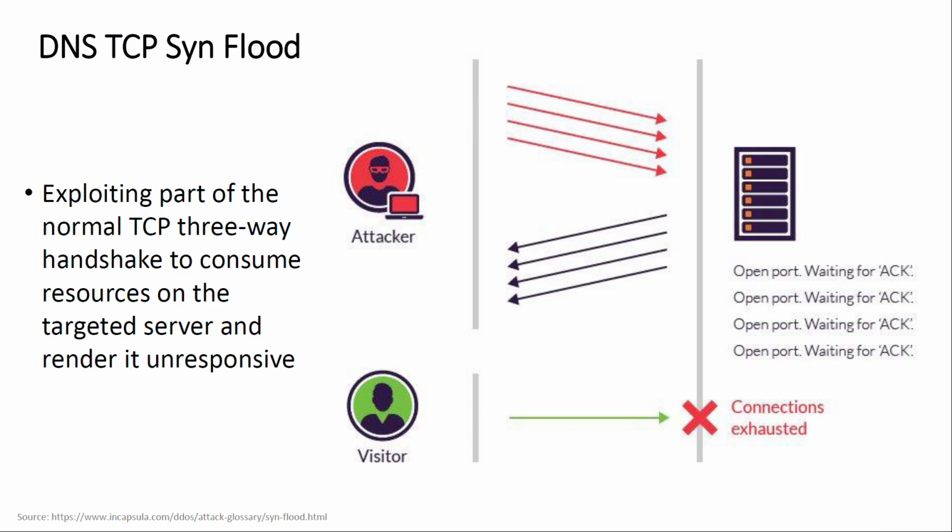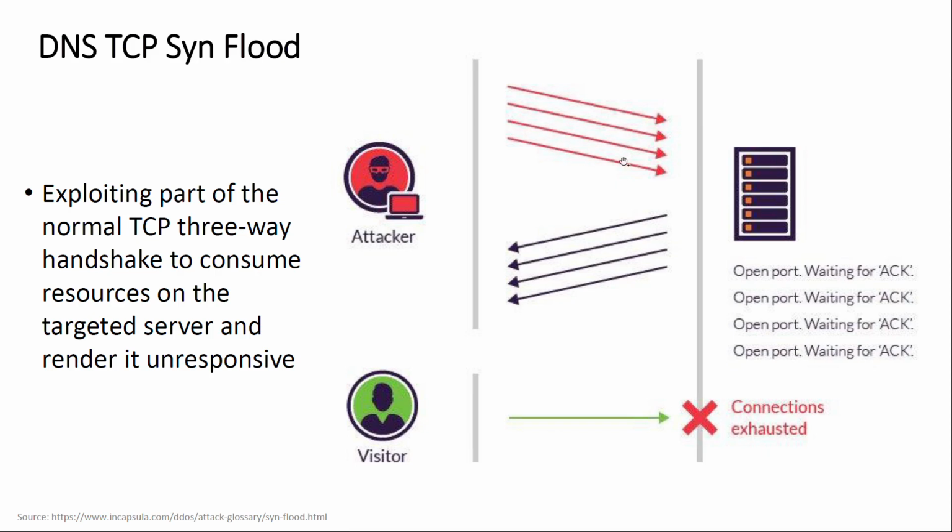The second attack type is DNS TCP SYN flood. In this case, the attacker starts a three-way TCP handshake, like the attack we talked about for HTTP. Actually, the attacker starts a lot of normal TCP communication.